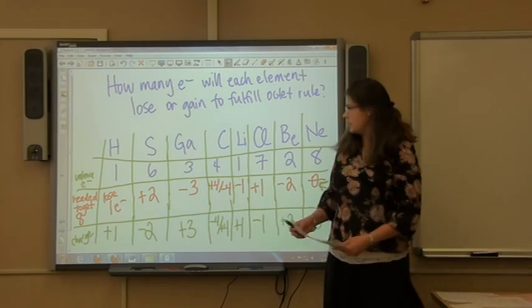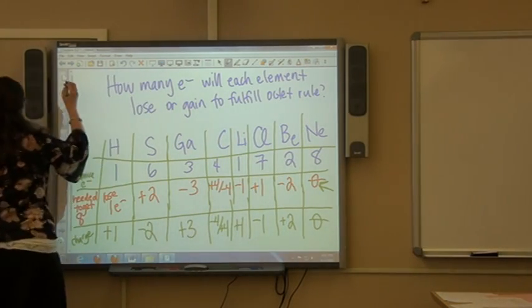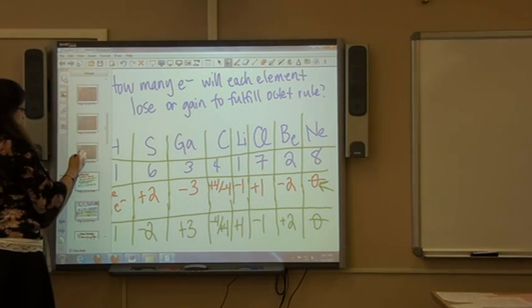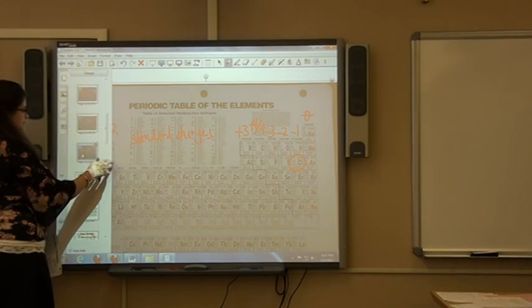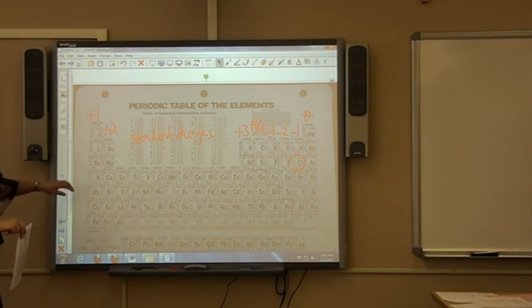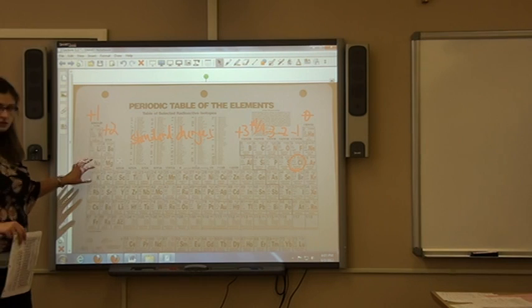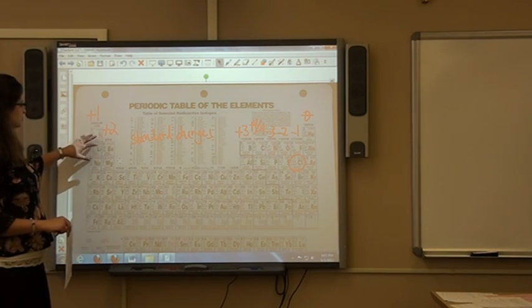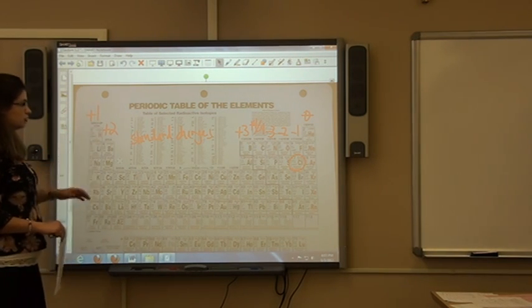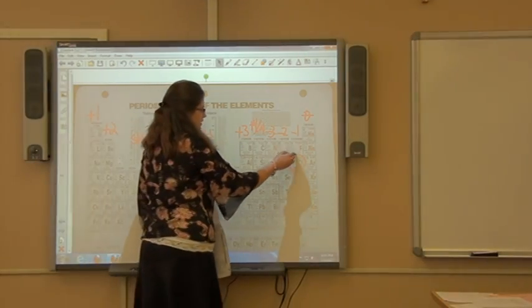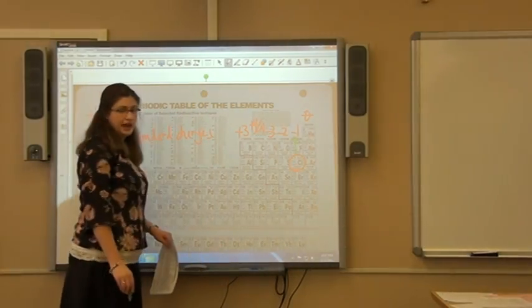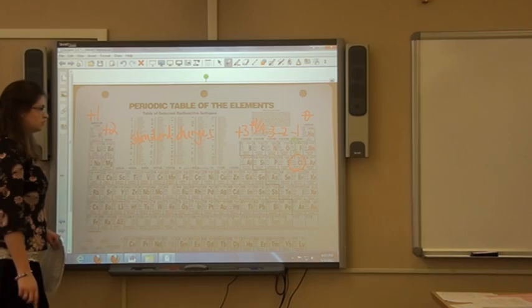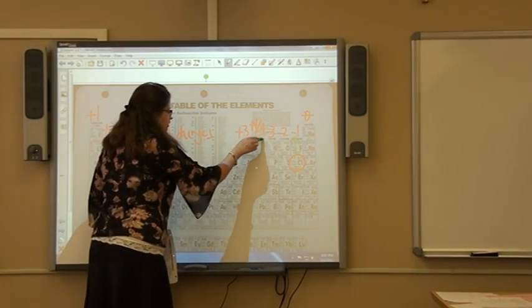Now, if you go back and look at your periodic table, you'll see that there are the standard charges here. These standard charges reflect exactly what we just did. We looked at chlorine and saw that it was a -1 charge because it has to add 1 electron. Same thing for carbon. It can do either.